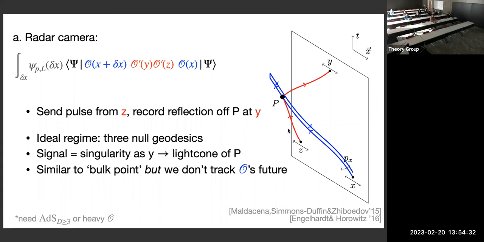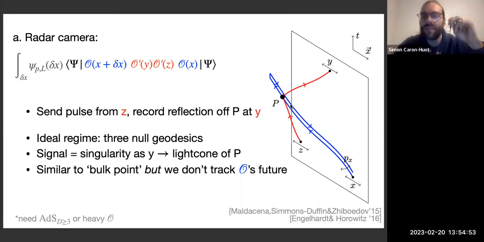In the original paper, by Maldacena, Simmons-Duffin, and Zhiboedov, there was a momentum conservation condition which one recovers because of the specific ordering of these operators. So do you still recover that? Maybe yes. This picture still conserves momentum, but in their paper, this really forced them to effectively use global AdS.